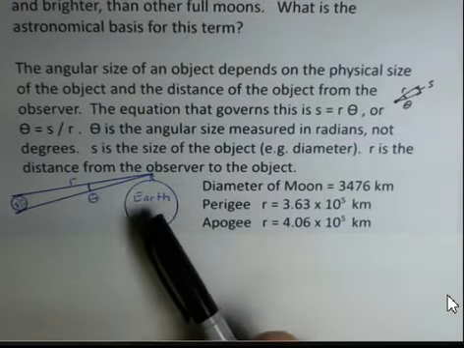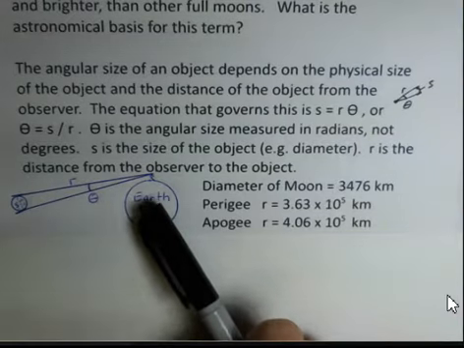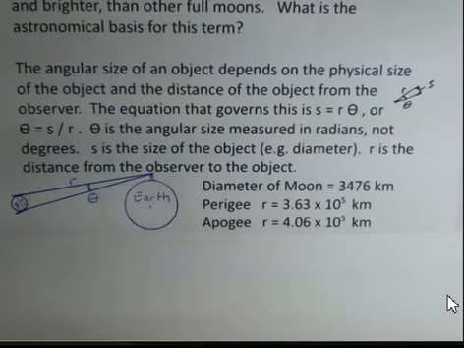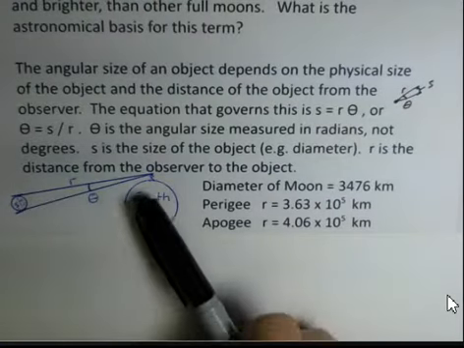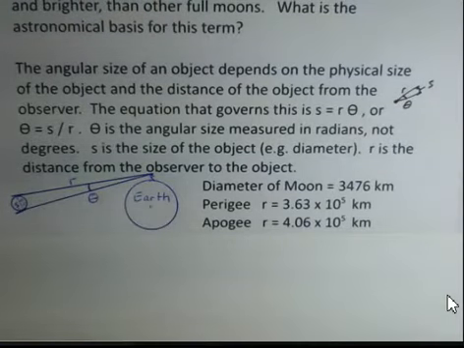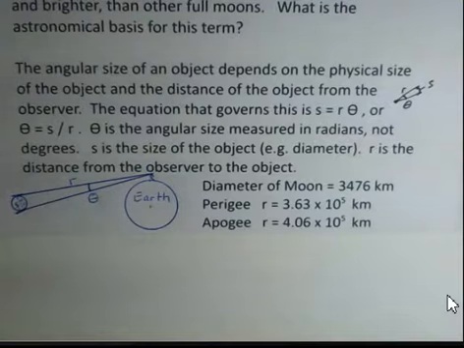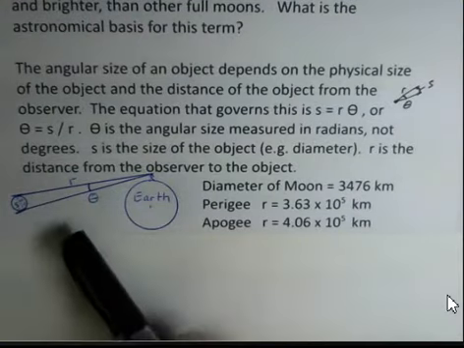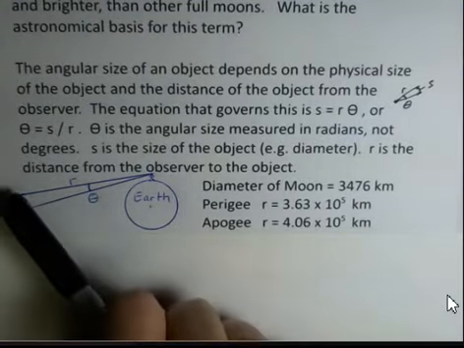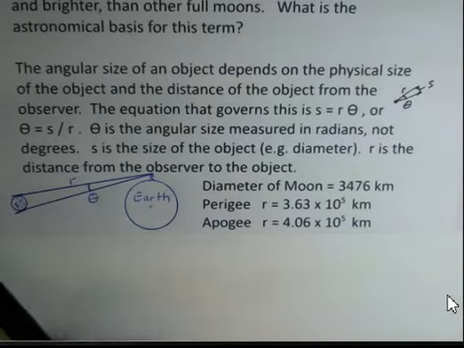It would take about 3 million humans to go from the center of the Earth to the surface of the Earth, standing on each other's heads. About 3 million. Humans are very small compared to the Earth, but just for purposes of illustration, we have a human here looking at the moon rise, and in this situation, we have a certain angular size for the moon.